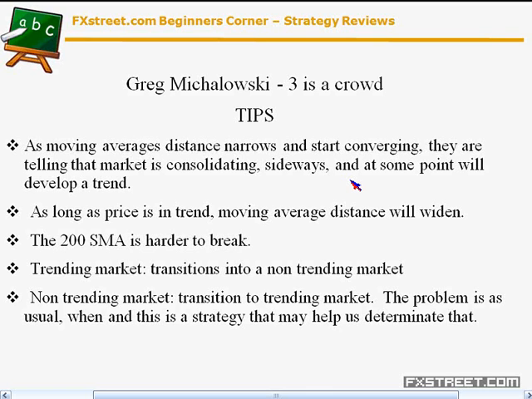As I told you, the 200 is the harder to break. And what is also interesting about this is that the trending market at some point transitions into a non-trending market, right? That's the time to wait and see, okay? That is the time we have to wait for the setup to complete.